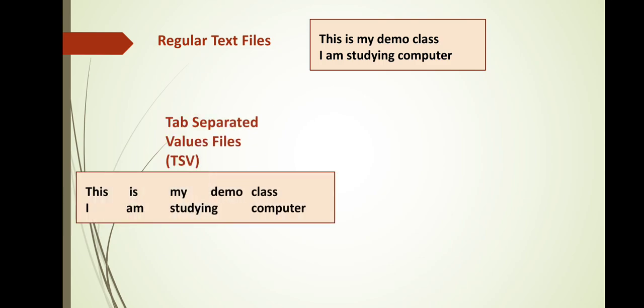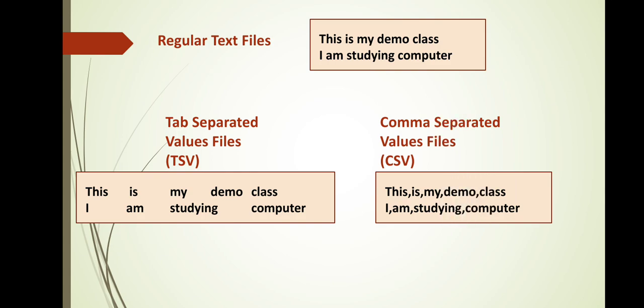Let's see. As you can see over here, each value is separated by a tab key, right? And when we write the same content using a CSV file, it will appear like this one. As you can see, every value is separated by a comma. Okay, so this is how the different types of text files appear.